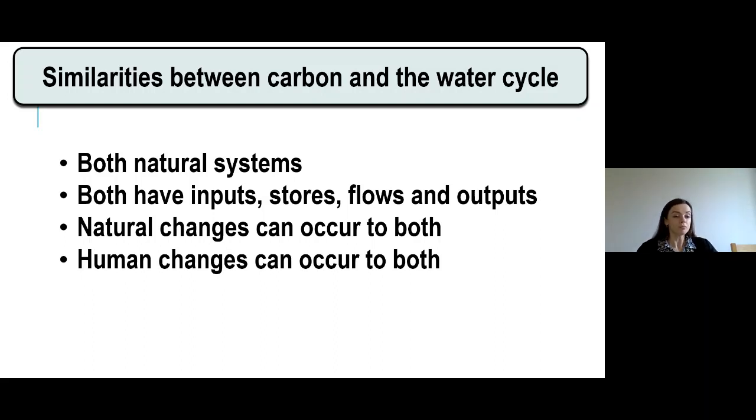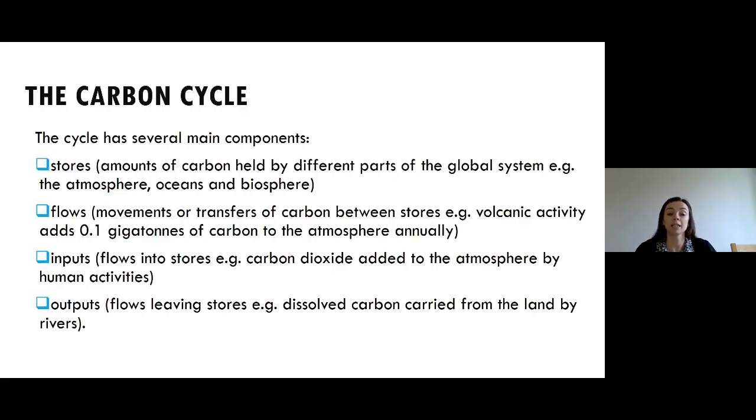So here we have on the screen now the components that make up the carbon cycle. So the cycle has stores, and the stores are the amount of carbon held by the global system, for example, the atmosphere, oceans and biosphere. It has flows. So flows are movements or transfers of carbon between stores.